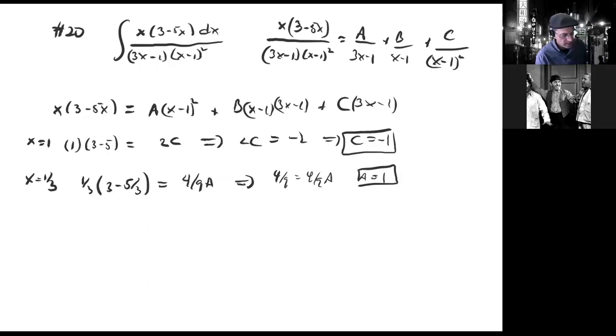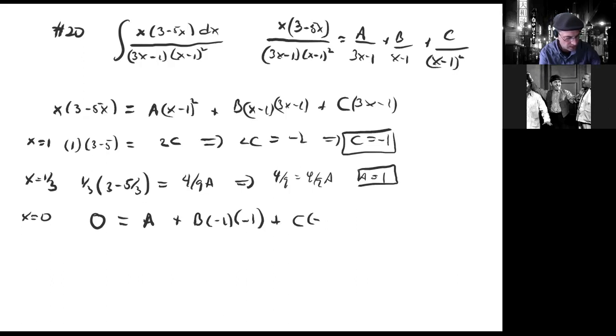Okay, so now we know what a and c are. Now we have to compute what b is. I've run out of obvious test points, so what I'm going to do is just take x equals 0. So the left side becomes 0, and the right side becomes a, plus b times -1 times -1, plus c times -1.